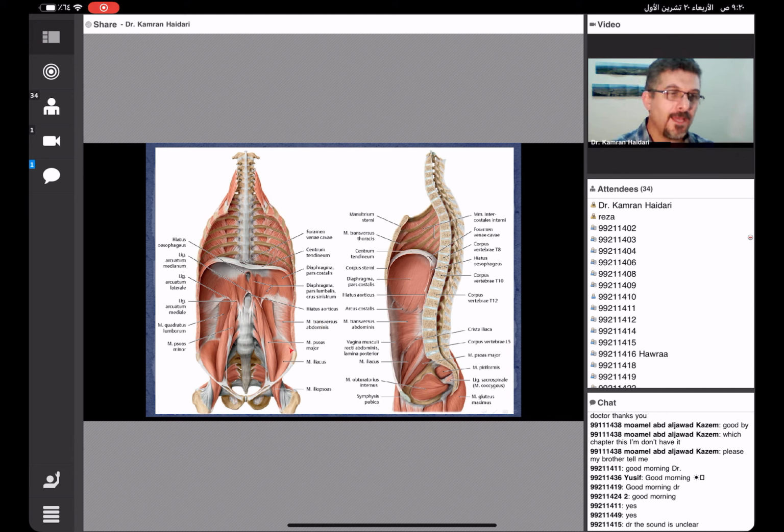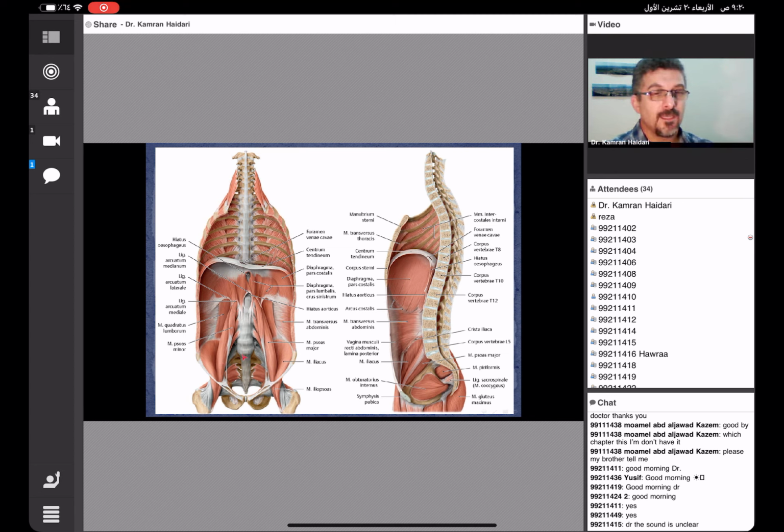And another muscular attachment, or origin, of the diaphragm arises from the medial arcuate ligament and the lateral arcuate ligament.